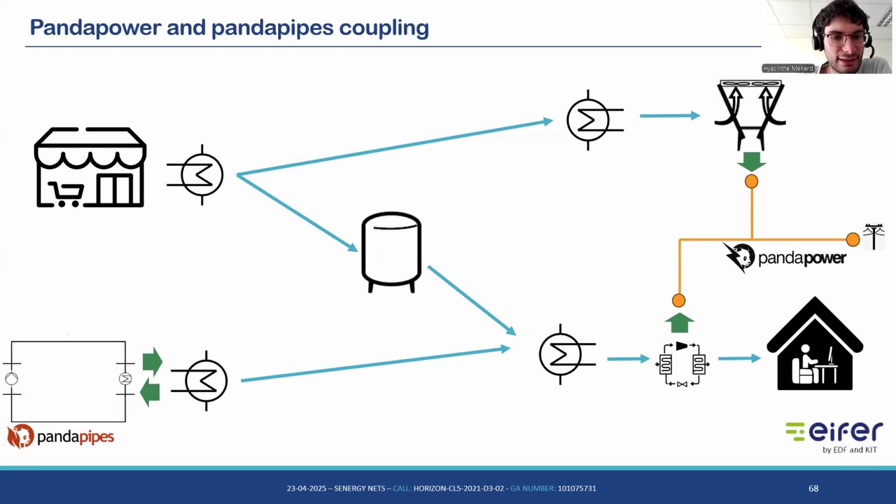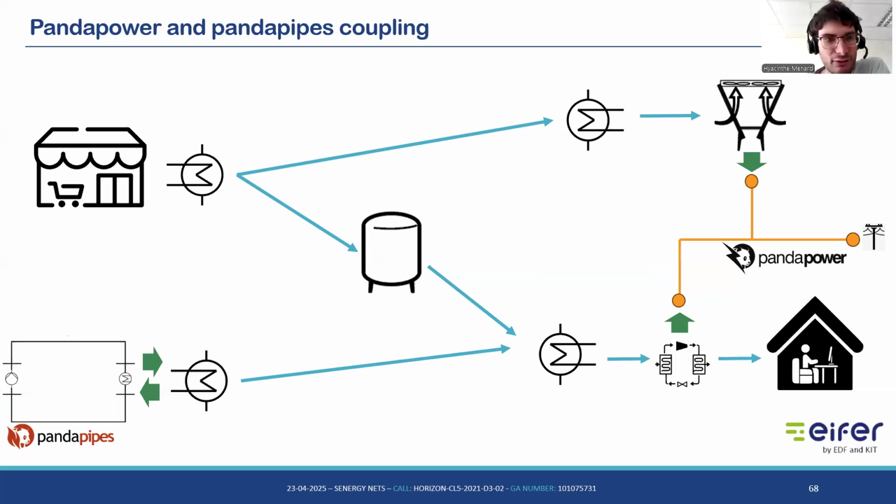You can see that I already represented 2 different couplings, because I first need to map the supply temperature of the network to my heat exchanger. And after, I can map the result of the heat exchanger, which has the mass flow and the Q, the power that is actually consumed, back into the Panda Pipes network.